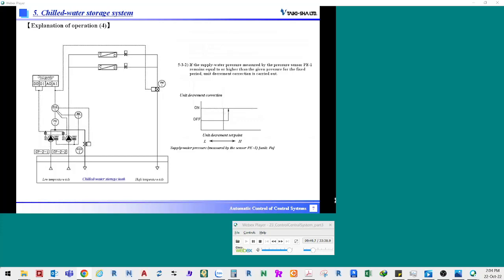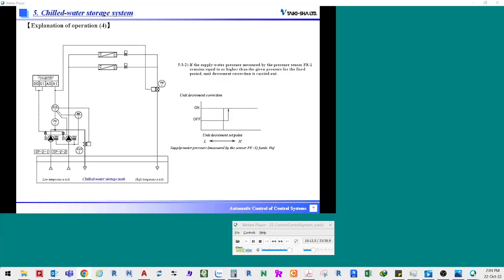When two secondary chilled water pumps are in operation, if the supplied chilled water pressure measured by the pressure sensor PE1 remains equal to or rises above the upper limit of the unit decrement set pressure for the fixed period, the number of secondary chilled water pumps to be operated is reduced by 1.